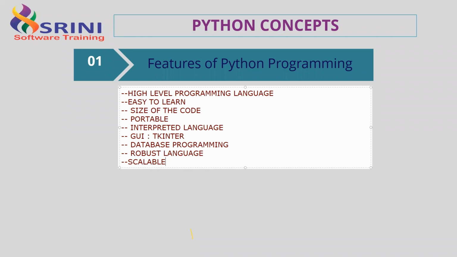So let me stop this justification. We are going to learn what features are provided by Python. These are all some sort of features that all classes of people can understand very easily. But Java, you cannot understand that much, as it has a lot of complexity, syntactically and semantically.